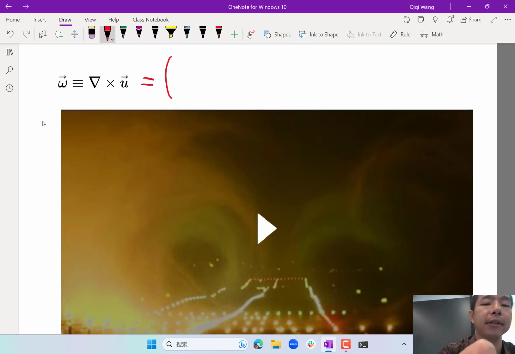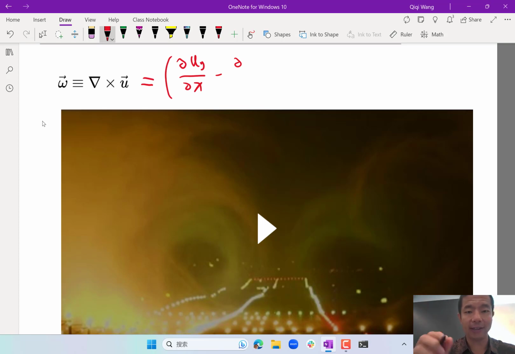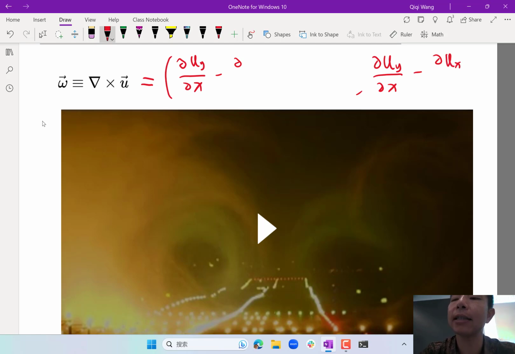Let me first write down the z component, which is usually what we analyze in 2D. The z component of vorticity is the derivative of uy with respect to x minus the derivative of ux with respect to y. And we'll see that all the curls are these kinds of cross-derivative terms.